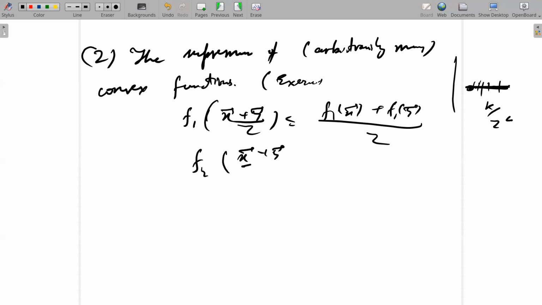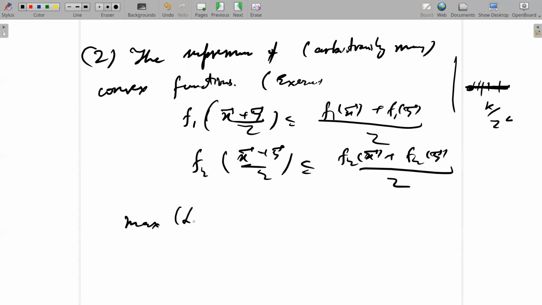So you have two convex functions. And the claim is that if I take the pointwise maximum, max of f1, f2, it also satisfies this property for x, y in that domain.